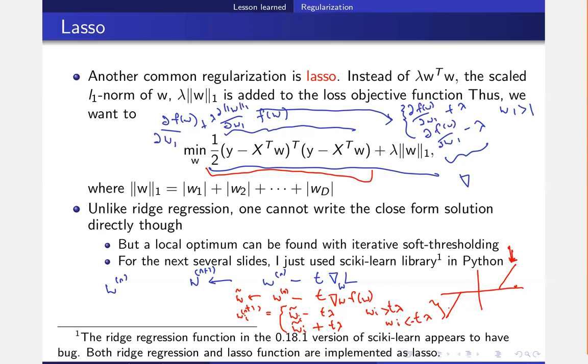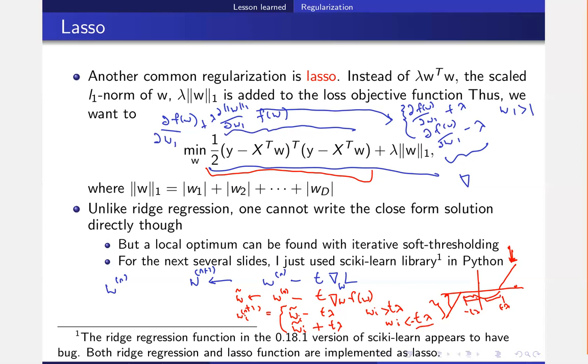And if it's negative, less than minus t lambda, you push it up. So you get more likely to be zero, basically. That's why you get a solution that is likely to be more sparse, because values within the range of minus t lambda and t lambda will all become zero.